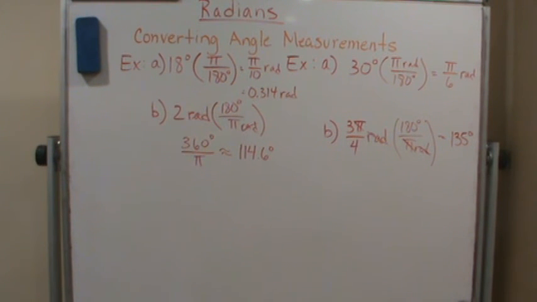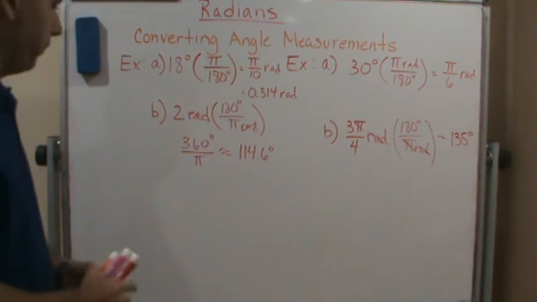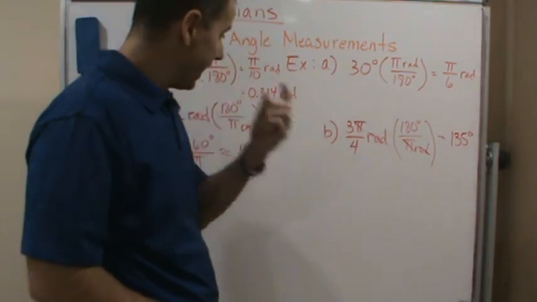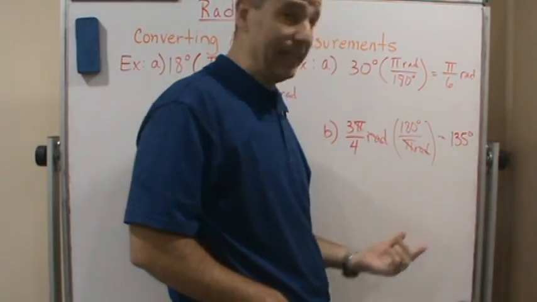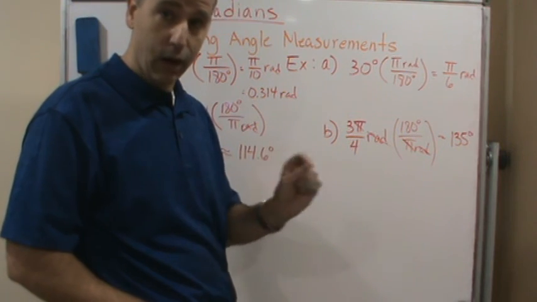Okay? So therefore, when the angle is measured in radians, it is customary that no units are shown. The radian is understood to be the unit of measurement. So again, what this is basically saying is that we don't need to write RAD every time.